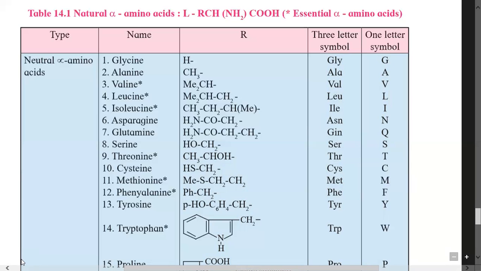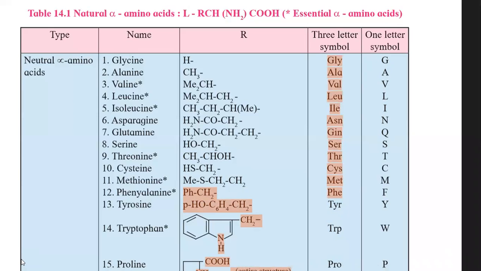The R group is Me, meaning methyl, CH3SCH2CH2. Here the symbol is MET and capital M. The next example is phenylalanine. It is again an essential amino acid. The R group is PhCH2, the symbol is PHE, and the 1-letter symbol is F.